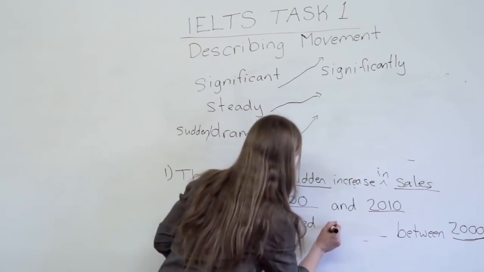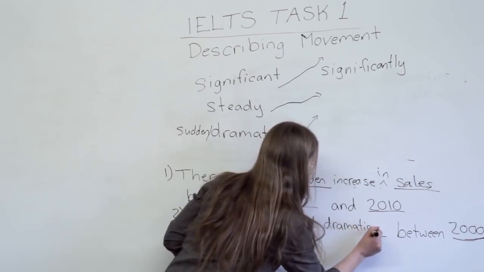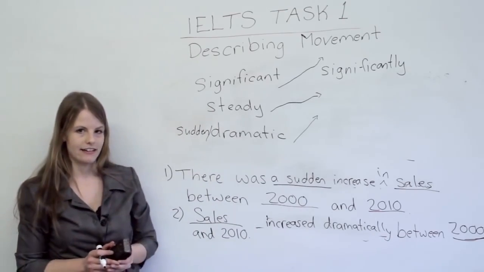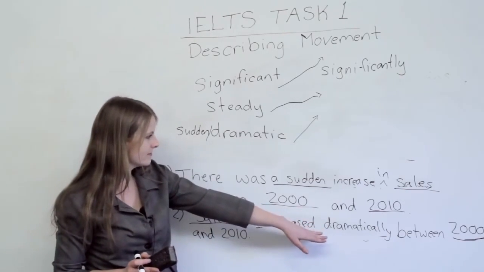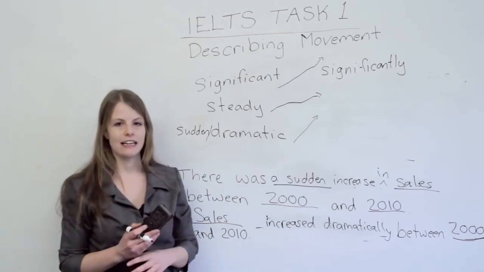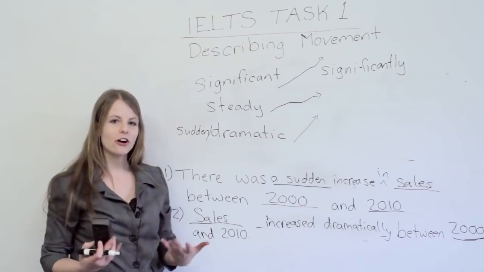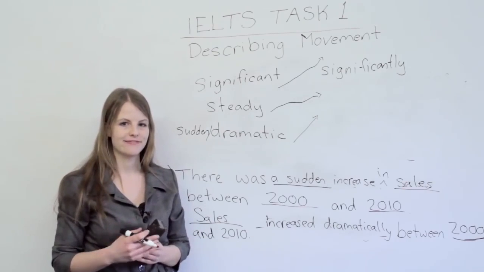Increased dramatically between 2000 and 2010. Sales increased steadily. Sales increased significantly. Sales increased rapidly. These are all different words we can use to help us in terms of our IELTS score.